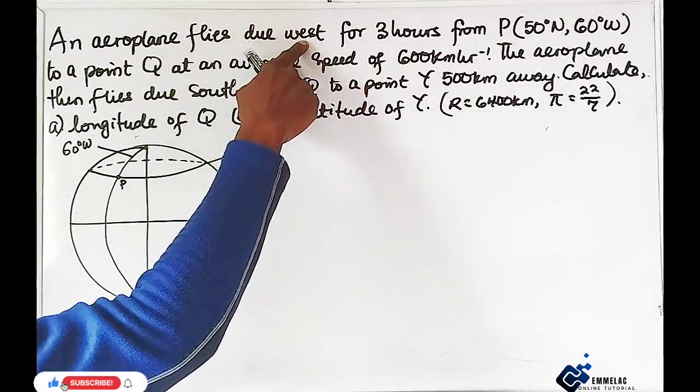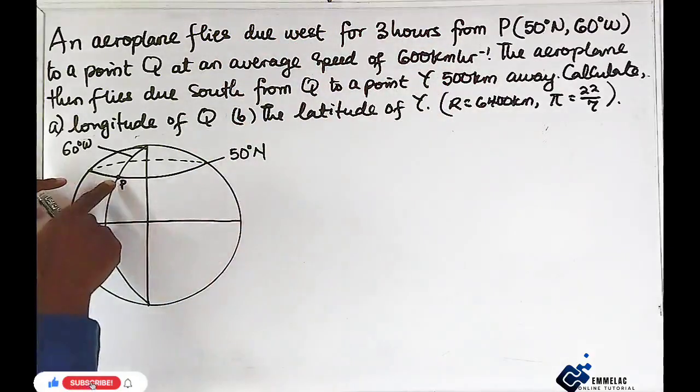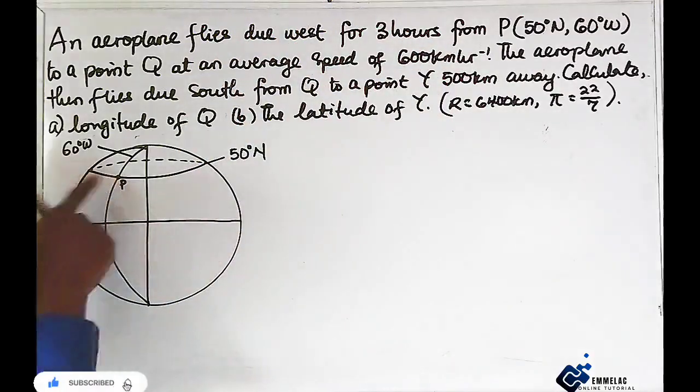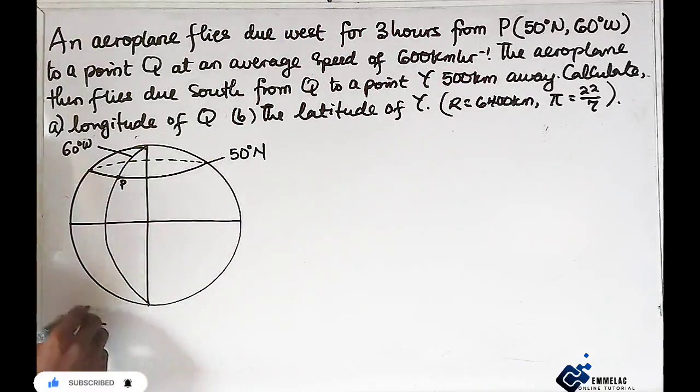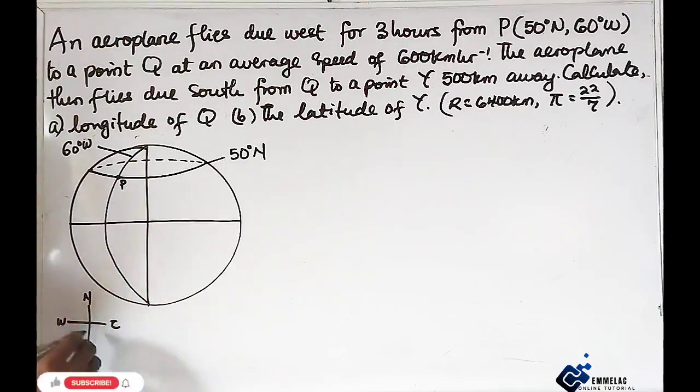Now the plane started here and flew due west, so from P it moved due west. Now let us see, this is north, south, west and east. Let us assume that this is the plane here, so now it moved due west, meaning it moves this way.